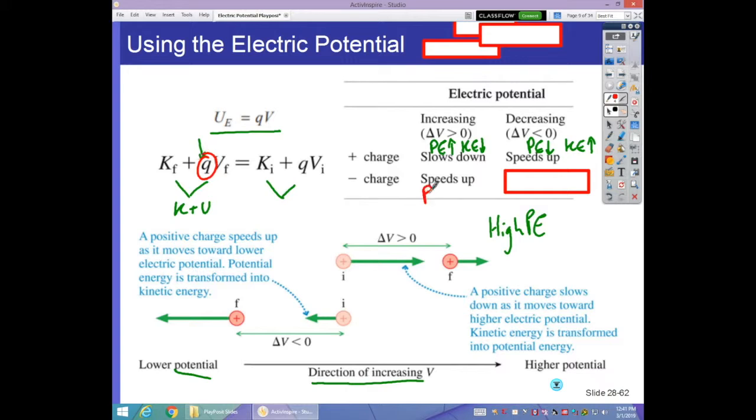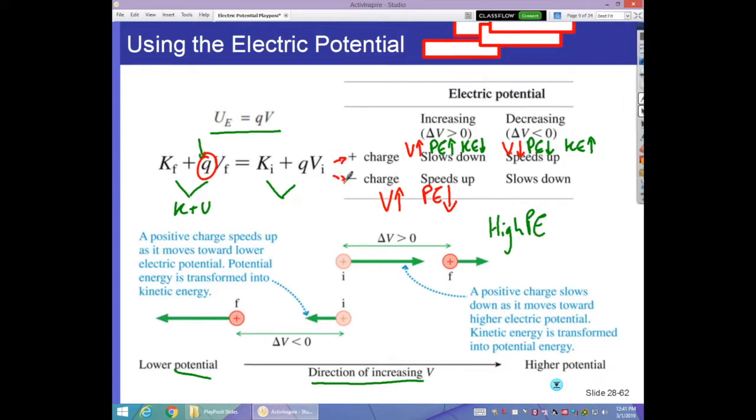So even though our voltage is going up, because Q is negative, our potential energy is going down. And similarly, a negative charge will slow down as it moves through decreasing voltage. So voltage is very much like gravitational potential energy. But again, I want you to think of the fact that we now have both positive and negative objects, and negative objects always do the opposite thing.